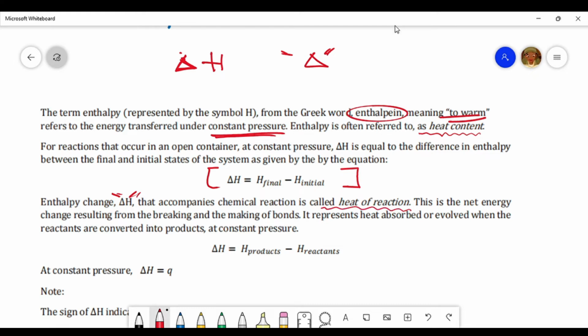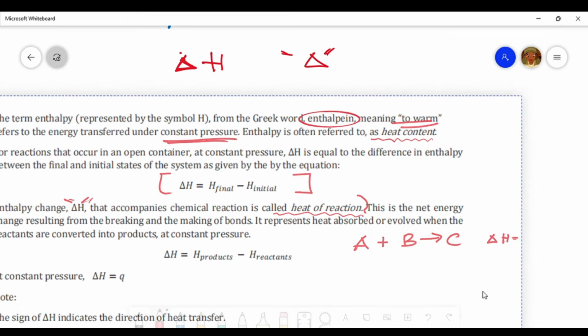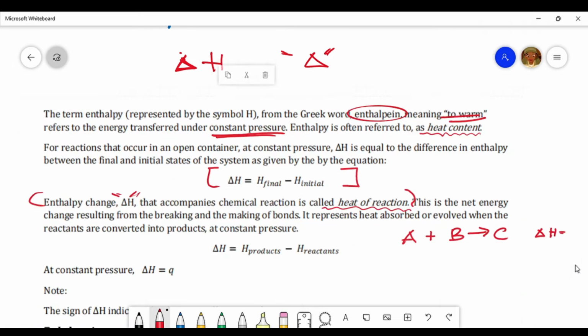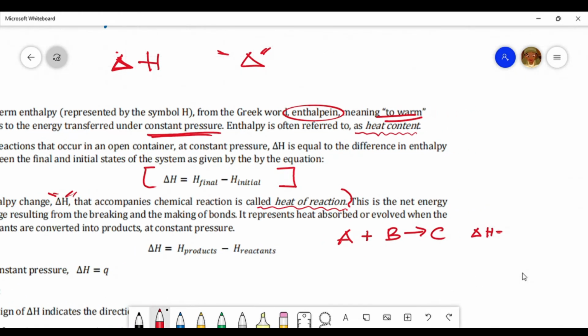We usually see enthalpy change in a reaction like A plus B gives C, with something on the right side. Let's just say that it's delta H equals 90.1 kilojoules.